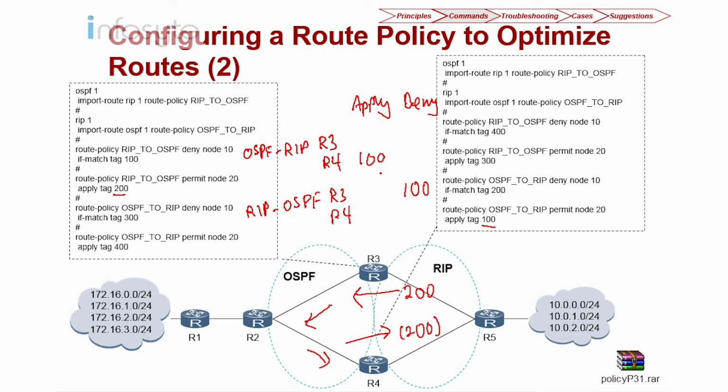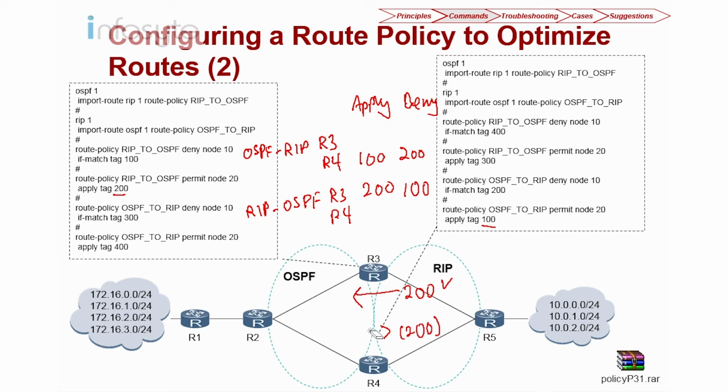So in R4, OSPF to RIP, I'm going to deny. So first is RIP to OSPF on R3, where I'm going to apply 200, and when the OSPF goes back into RIP on R4, I'm going to deny. That is on the tag of 200.